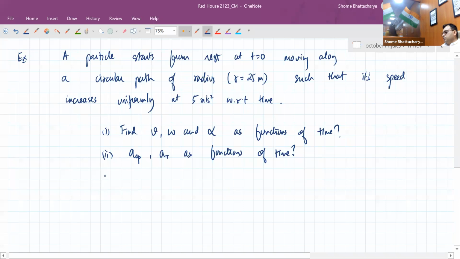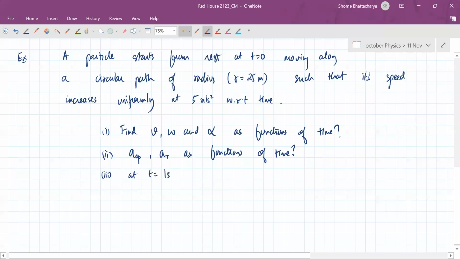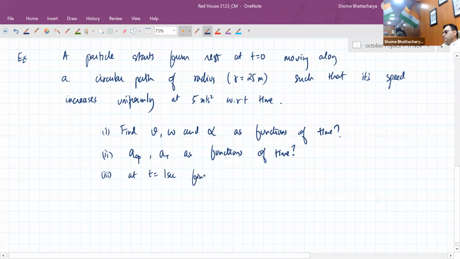And then we have to calculate, at t equal to 1 second, the magnitude of acceleration and the angle between the acceleration vector and the velocity vector.